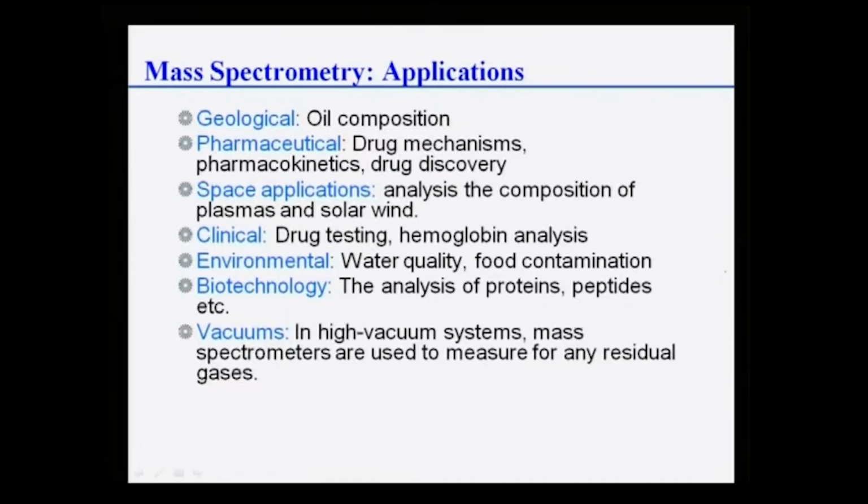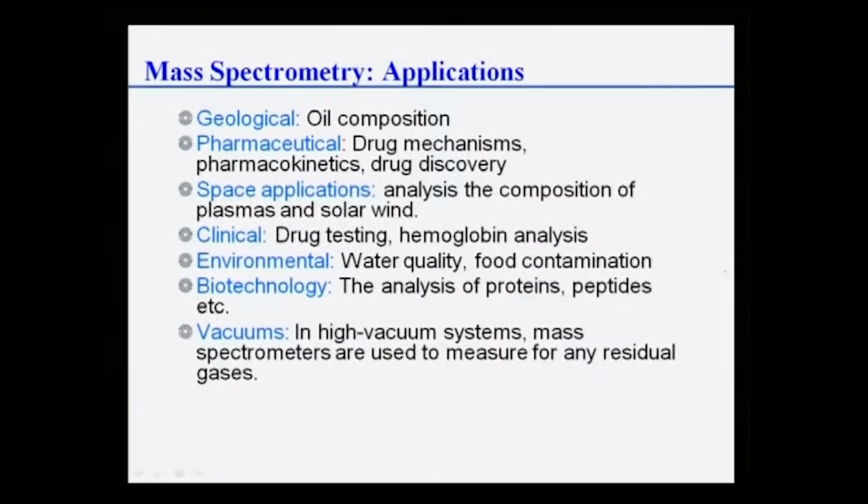Now if you look at the uses, it is used in a wide spectrum irrespective of different branches of science and engineering. Most important one, it is used in geological problems, basically in oil production units. In an oil production unit there are different kinds of chemical species available, organic, and it allows us to detect them.